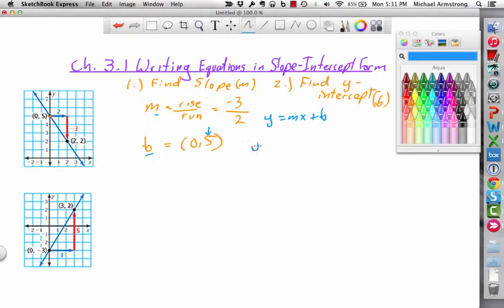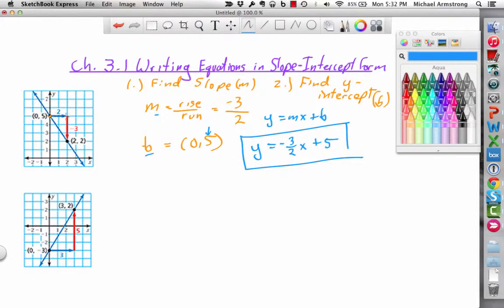Okay, so it just becomes y is equal to -3/2 x plus 5, and you immediately have yourself an equation. And this gets really fast after a while. Okay, so the slope is -3/2, and the y-intercept is +5, and that's just what happens in this graph.